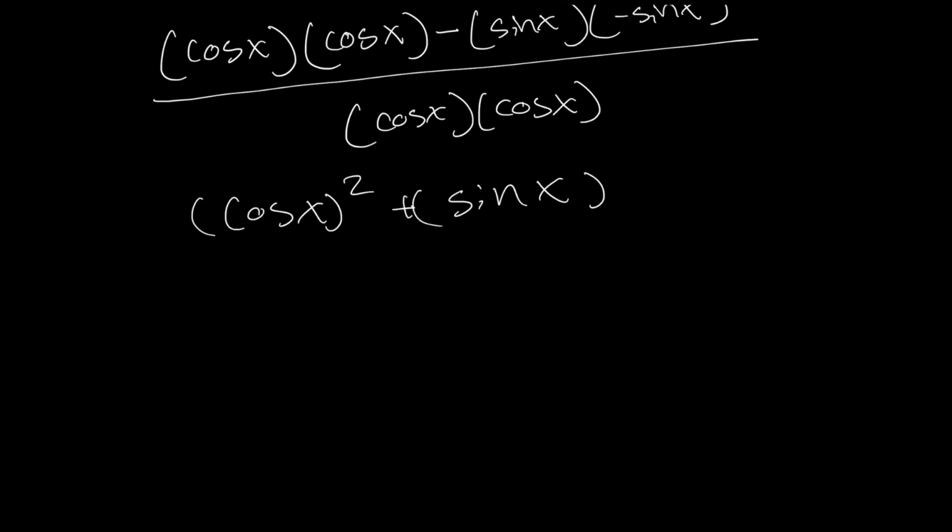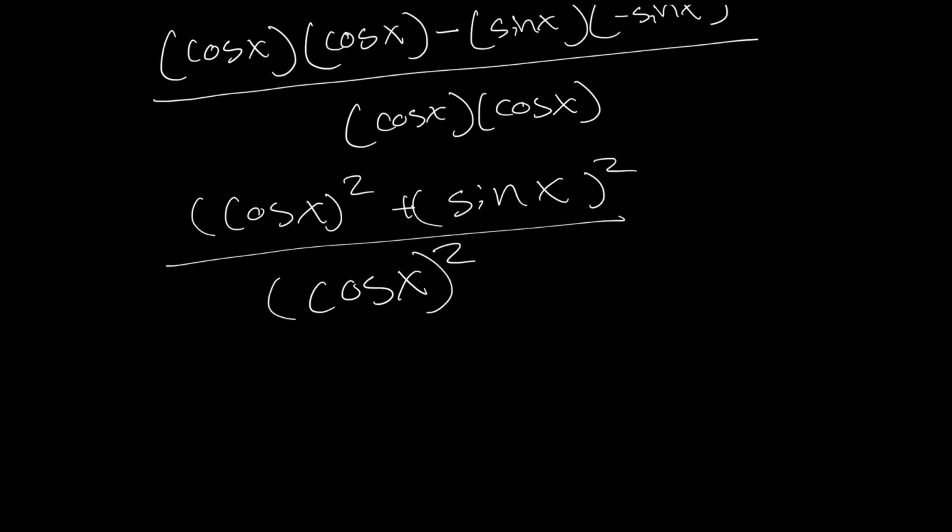Giving us cosine x squared plus sine x squared over cosine x squared.